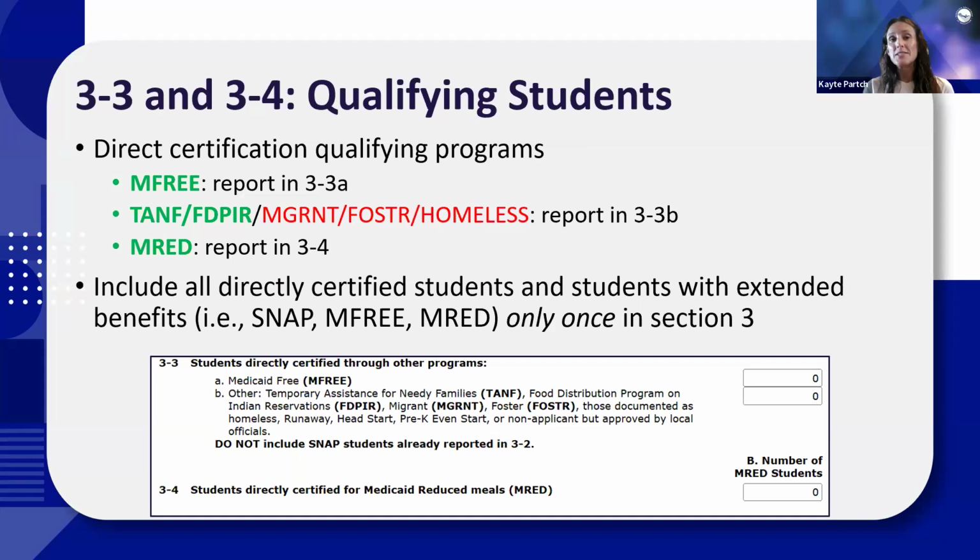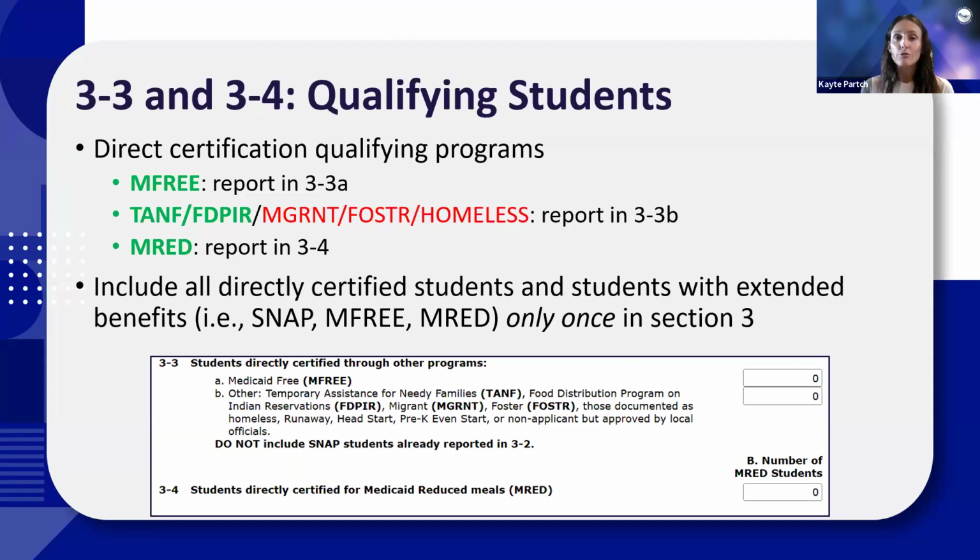On the other hand, you see some benefit programs in red text. Those include migrant, foster, and homeless. They're in red as a cue to stop, right? Don't extend benefits from those students to others who may live in the same household. Those types of direct certification matches do not extend to other children in the household. The benefit extension occurs only with those identified in green text, right?